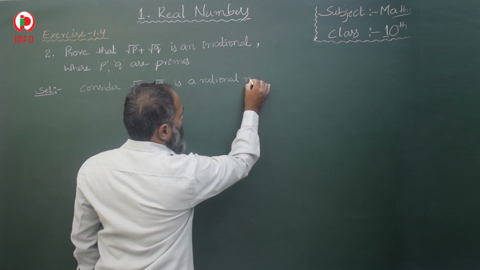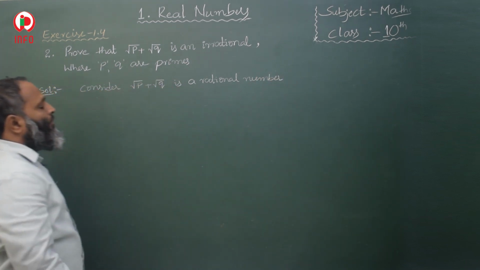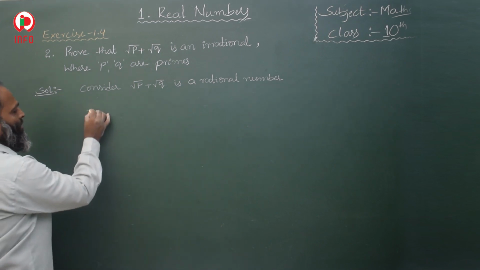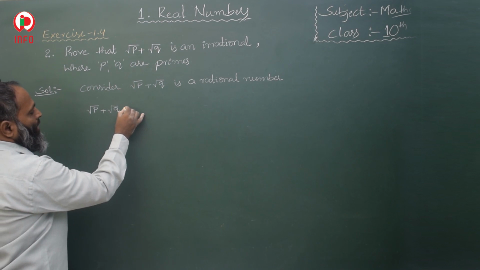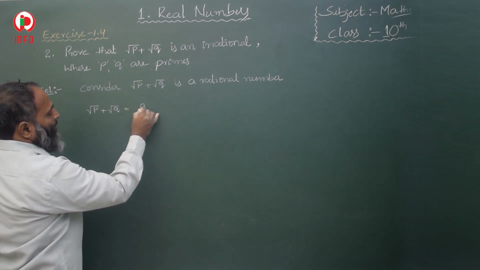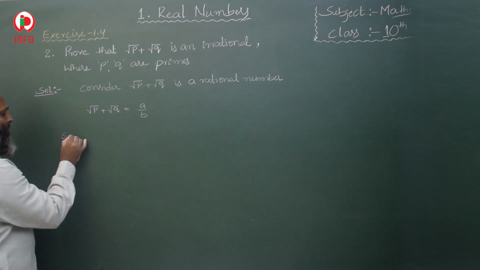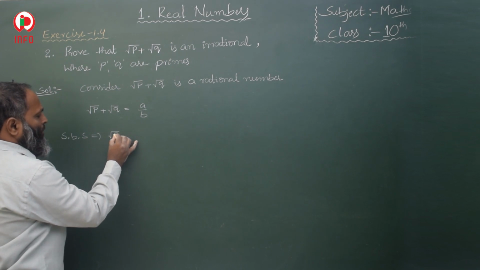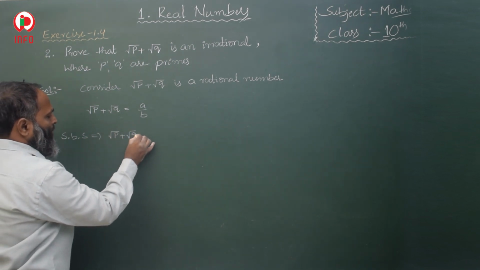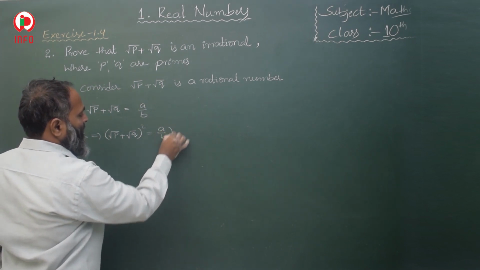So rational number means root p plus root q is equal to a by b. Squaring on both the sides, root p plus root q whole square is equal to a by b whole square.